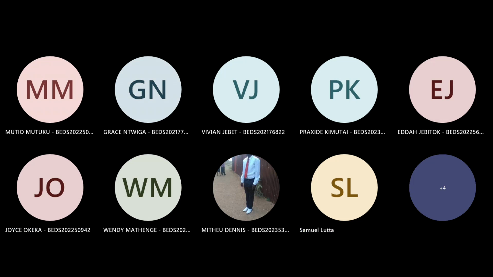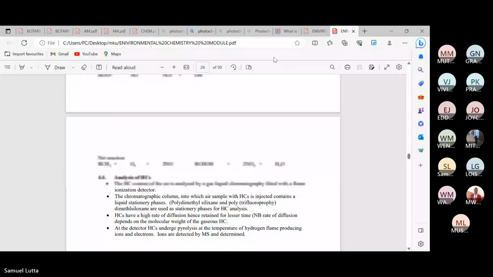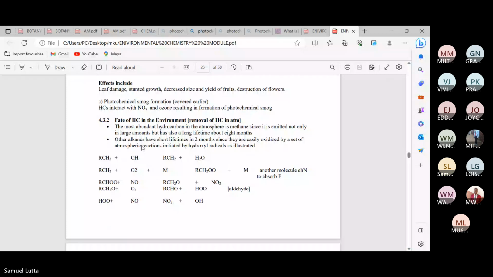I think the arrows were left out. Let me show the cursor and start here. You have RCH3, these are hydrocarbons, and it reacts with OH. There's supposed to be an arrow between them. These are the reactants and these are the products.